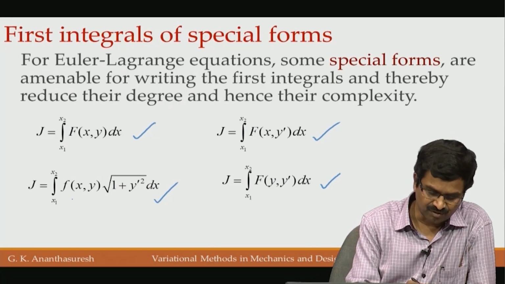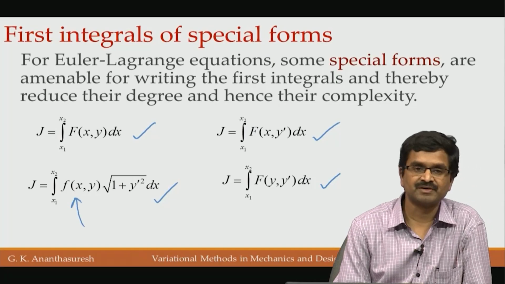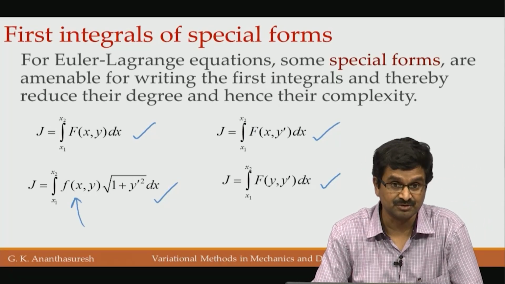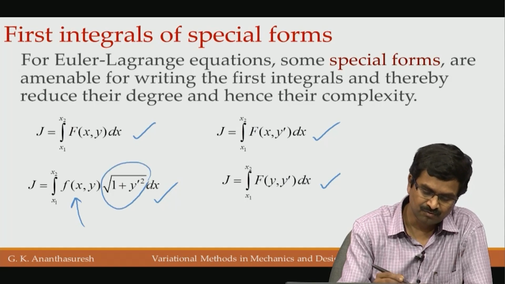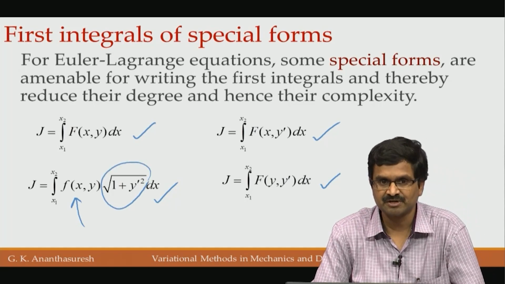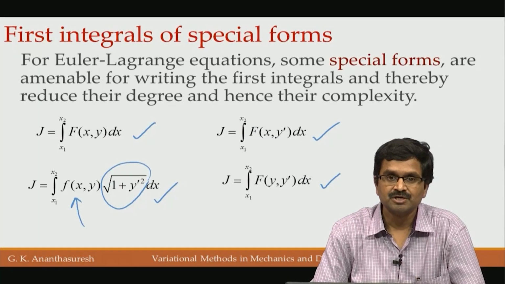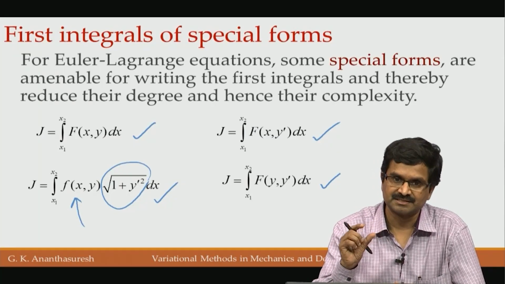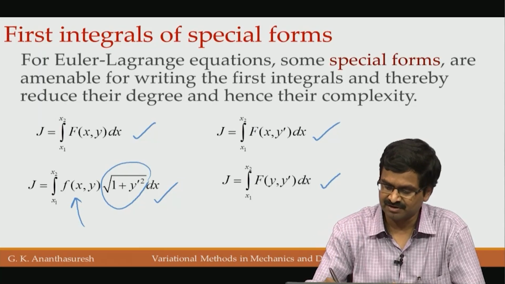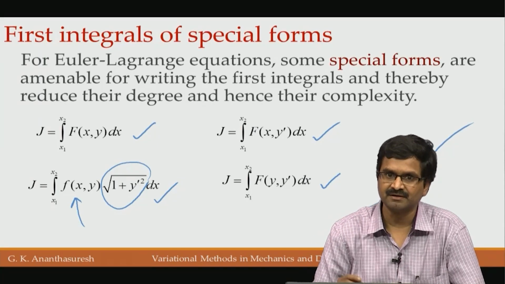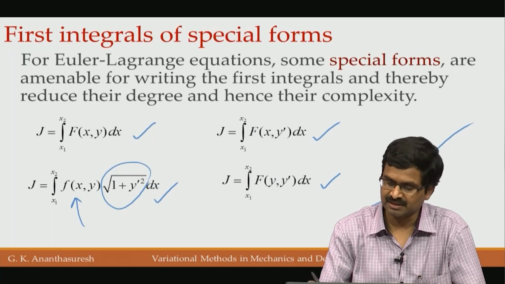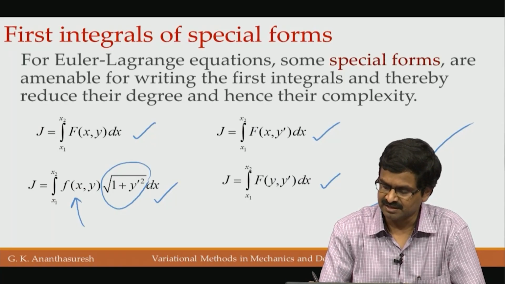Here a general form where we have a general function f of x, y, you can have any function that you like, but y prime has to be in this special form, which is very common in geometry as well as mechanics, because as you know, square root of 1 plus y prime square basically comes from the arc length ds. Pythagoras theorem says that if I have a curve, if I take this small length here, that small length is dx and this is dy.